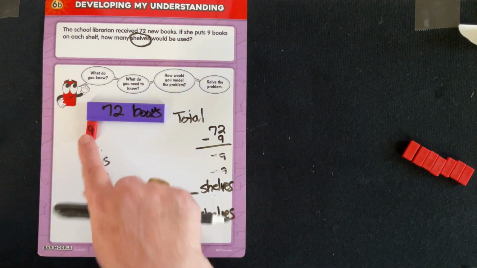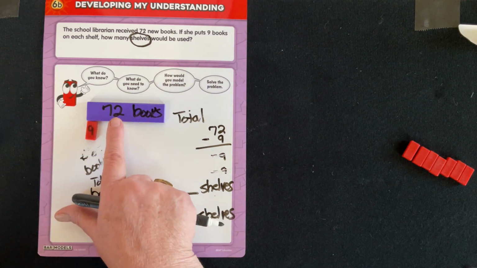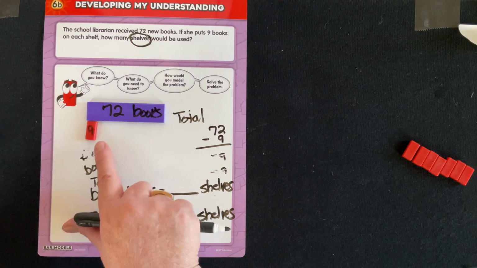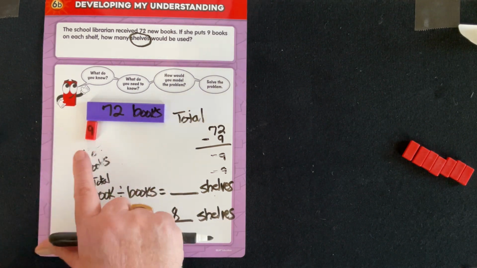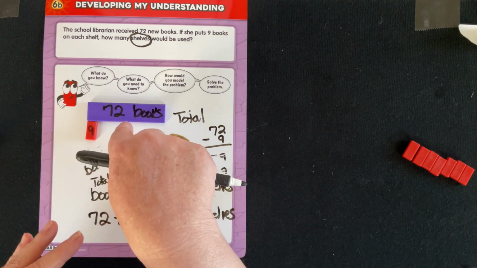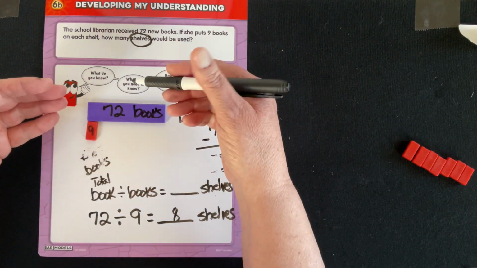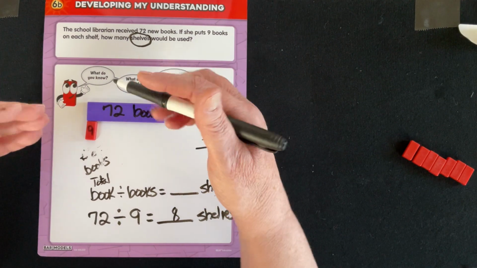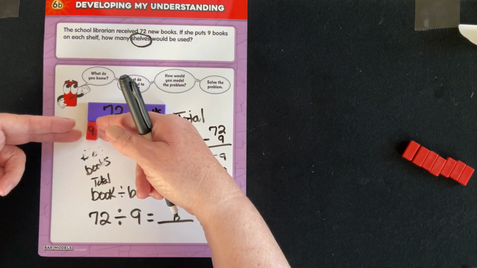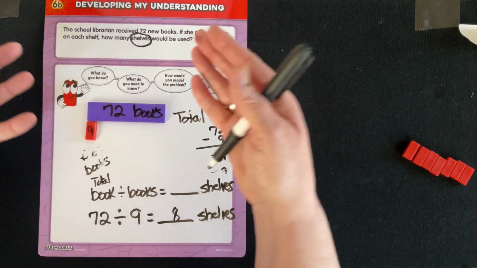You just want the kid to get to this action that I'm taking a total and I'm dividing it by 9, by 9, by 9, by 9. So how many times does 9 go into 72? Or if you had 72 books, how many groups of 9 would I have?